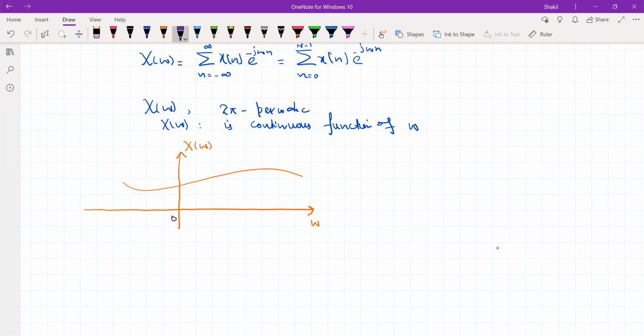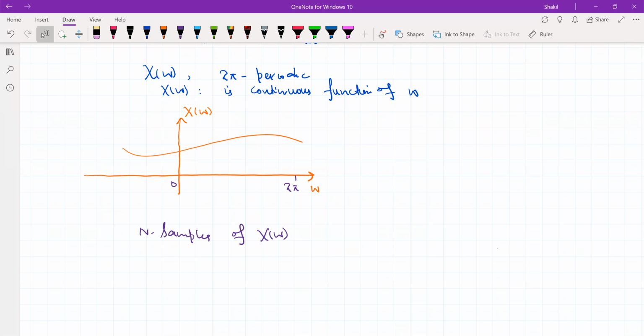So suppose between 0 to 2 pi, we know this is periodic. We'll take how many samples? N samples, capital N samples of X of omega, and we'll take those samples at regular intervals of this omega.